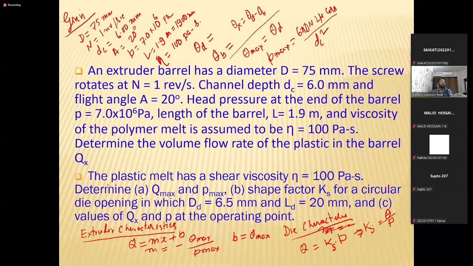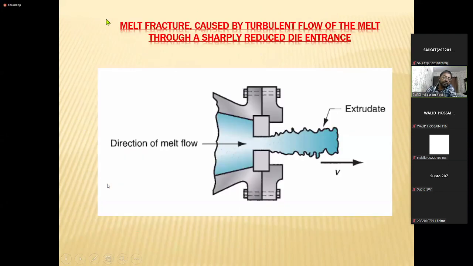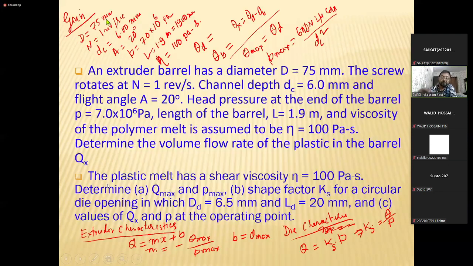This is another problem. You will note again the parameters. What is given? We shall go to the whiteboard. Before that, please note, given D is equal to 75 millimeter. Then N is given as 1 revolution per second.